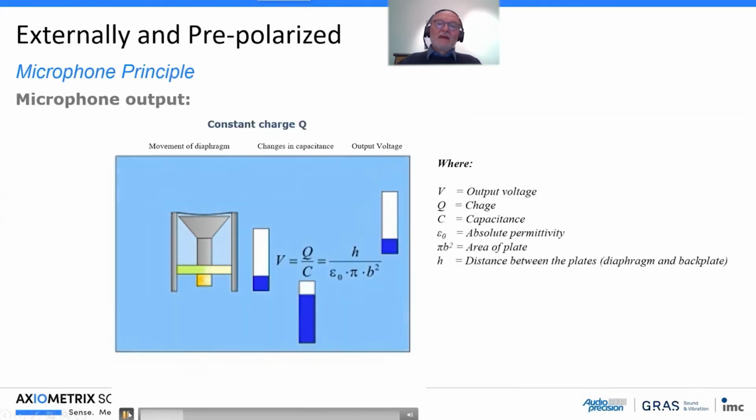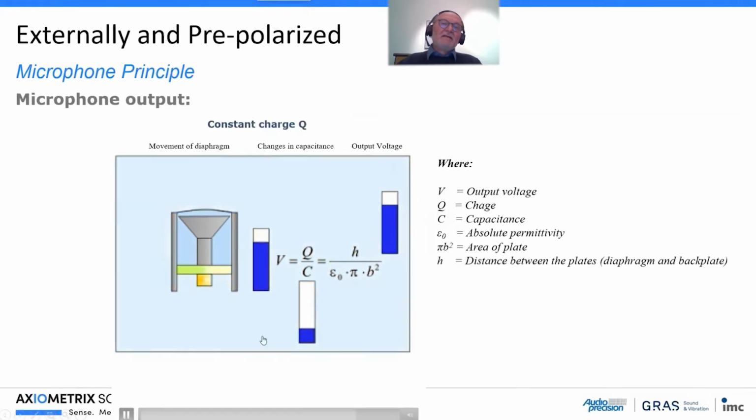If I do it again, we can see that Q is constant, and it means that V here, the output voltage of the microphone, will change because we have this variable capacitor.